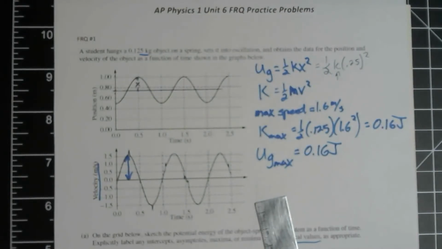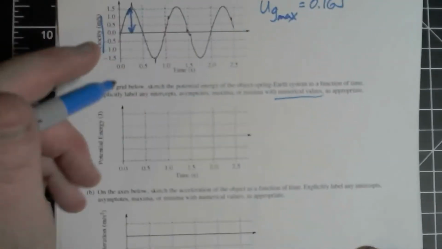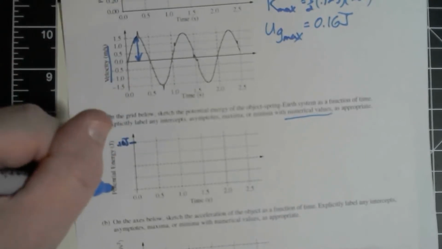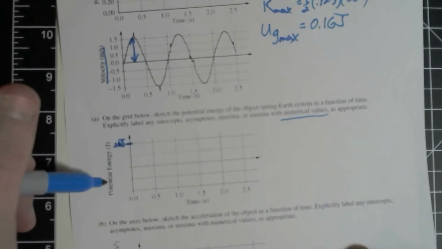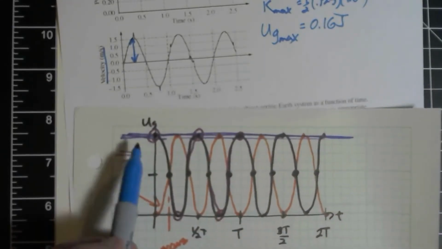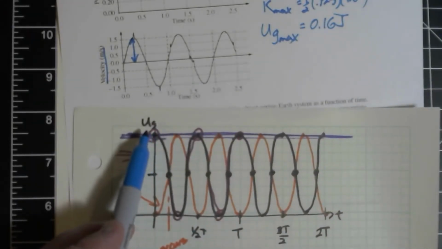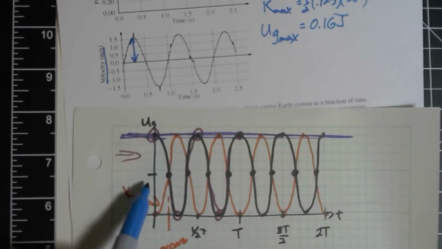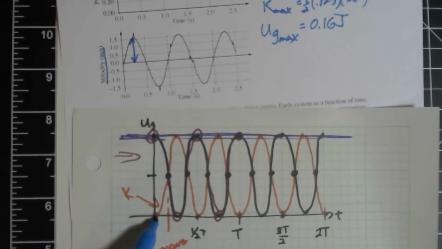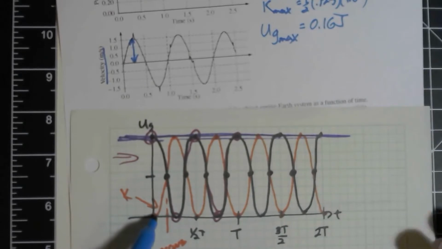So now when I come down here to graph that, I'll know what my maximum value is. Let's just say that right here is my maximum value. It's going to be 0.16 joules. Now, here's the thing about potential energy. We need to go back to one of our original graphs that we did on the review practice, where we see that the potential energy always starts at the highest amount when the time is 0, because that's when you set it into motion.